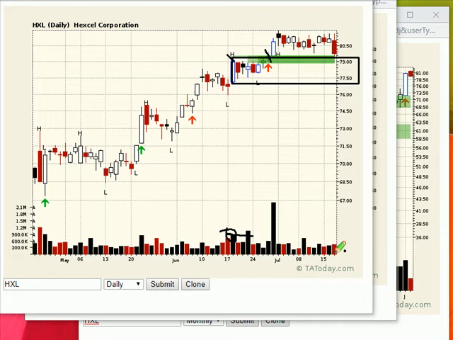So if volume were to expand up to here as we come back into this, that would give me a lot less confidence that the retest regenerate is going to hold and regenerate higher. If it comes back and volume's really low, which it is so far, and it gets back into here, and then it just kind of holds and the volume doesn't expand, the retest regen has a better chance.